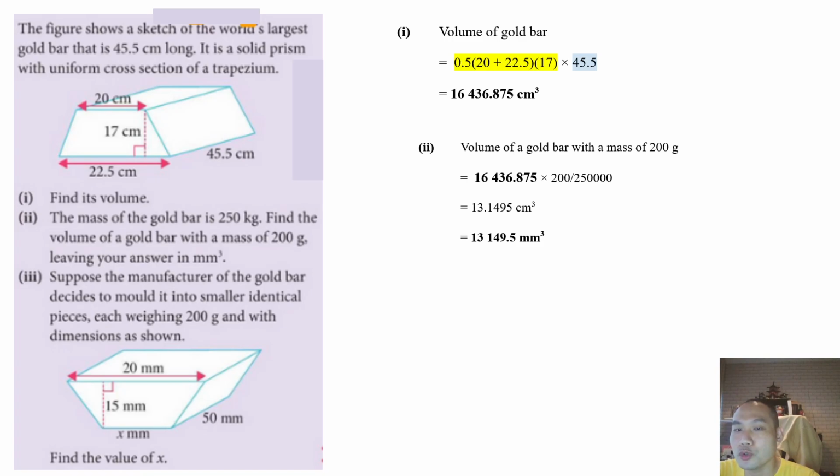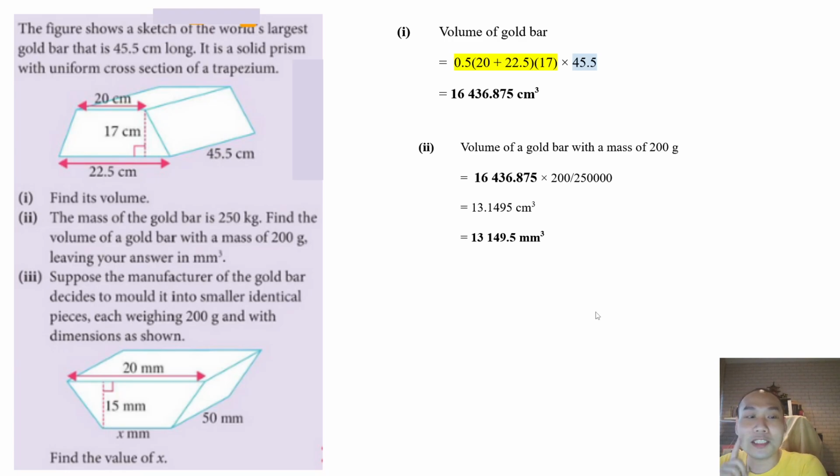Then we find the proportion, how much is 200 portion compared to 250,000 portion, so times 200 over 250,000. We get these numbers from 200 gram and 250 kilogram, which is 250,000 gram. Work it out, and we have 13.1495 cubic centimeter.